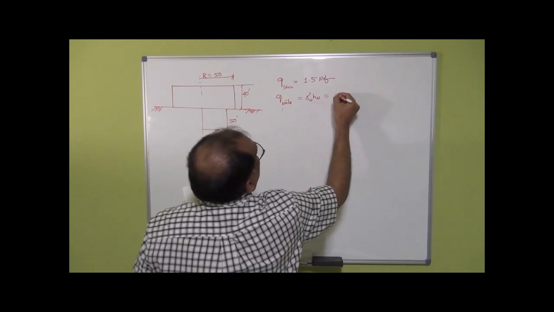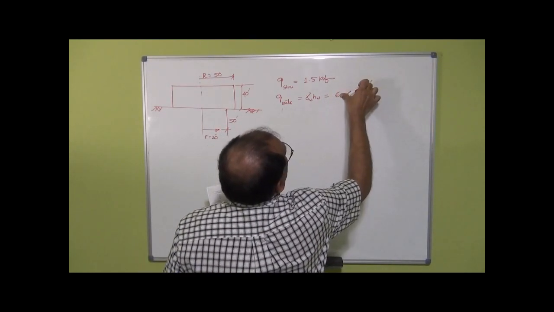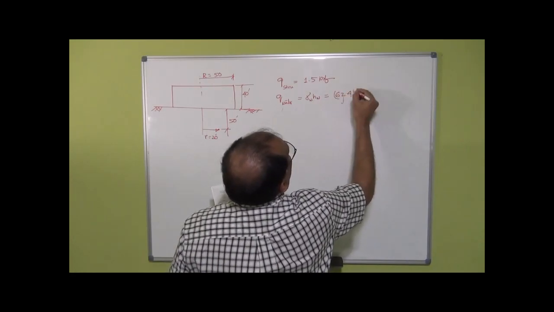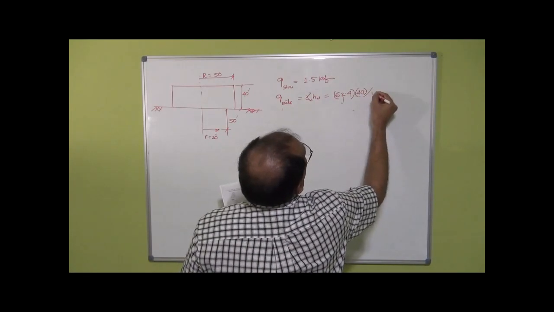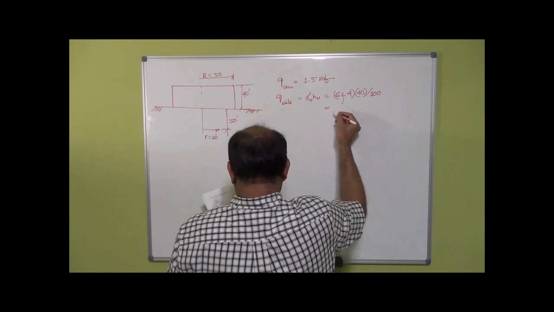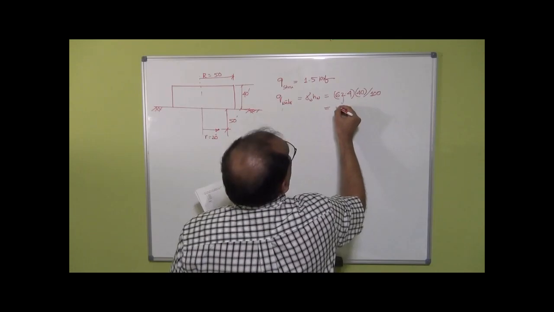So this is 62.4 into 40 divided by 1000. I'm just converting that to ksf. So that's actually 2.5.